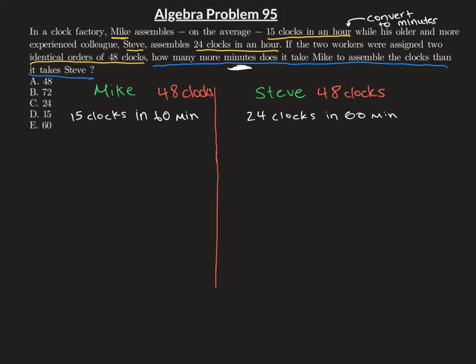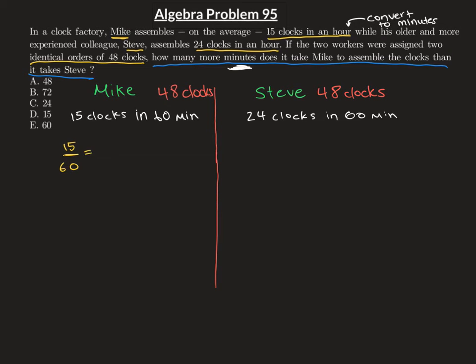The most efficient method here is to set up a proportion. So we'll start with 15. He can assemble 15 clocks, and we'll put this over 60 because 60 minutes.